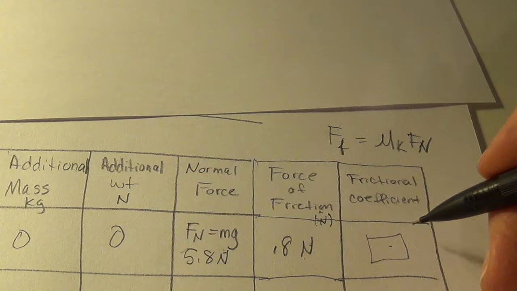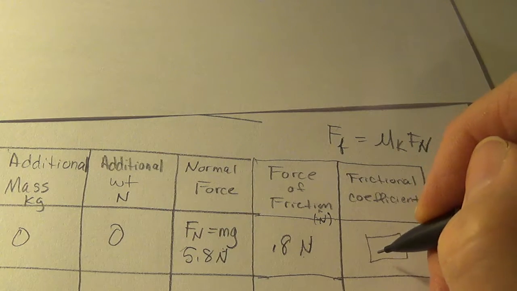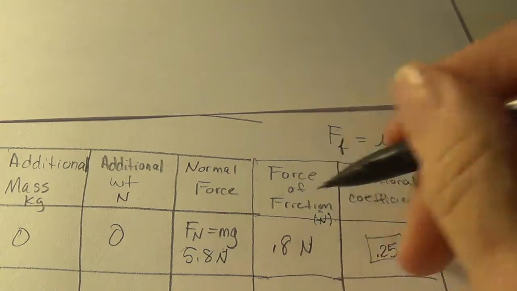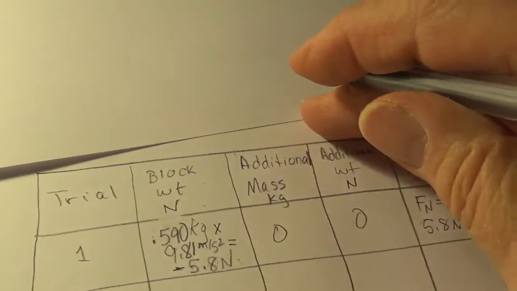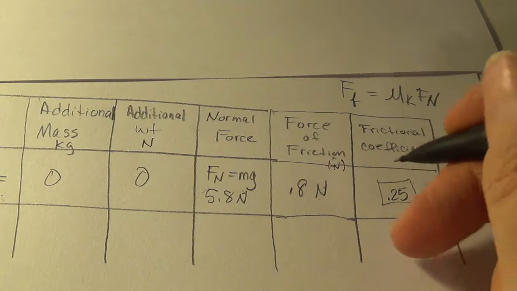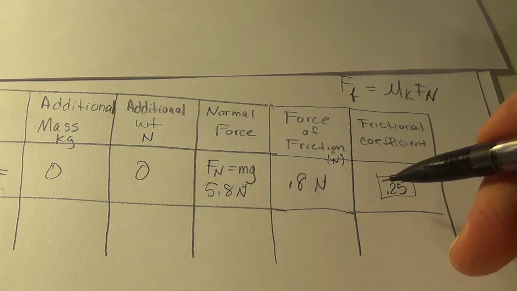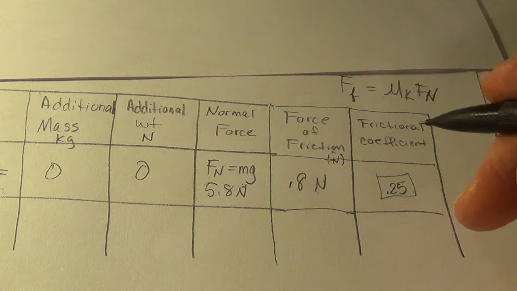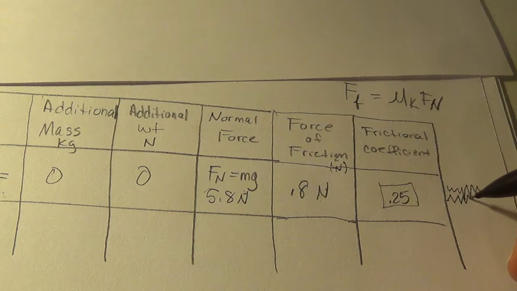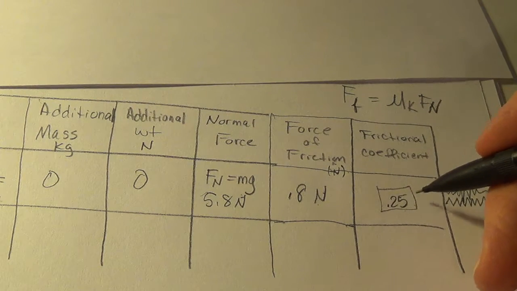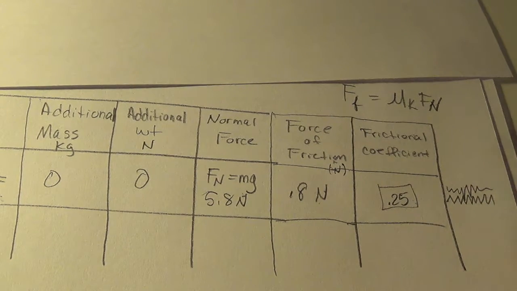We're expecting a number that is below 1, like 0.25 or something. I don't know what that divided by that is, but you will find out, and you're not going to use my made-up numbers, you're going to use your numbers. But we're expecting a number below 1, and this is a measure of how much bumpiness and catching and threading the surface of the block has with the surface of the table. So this helps measure how much resistance or friction there is between the two surfaces.